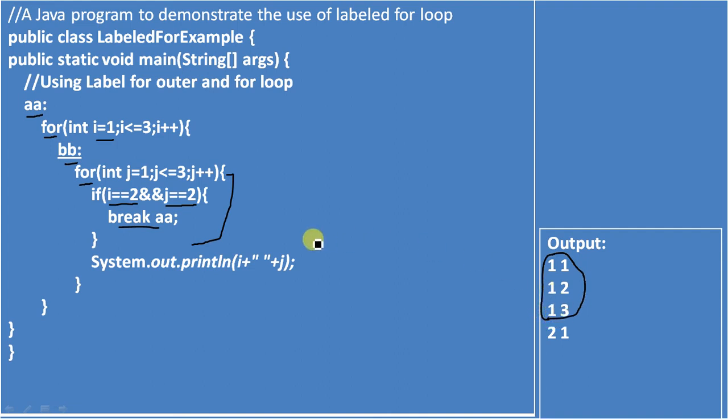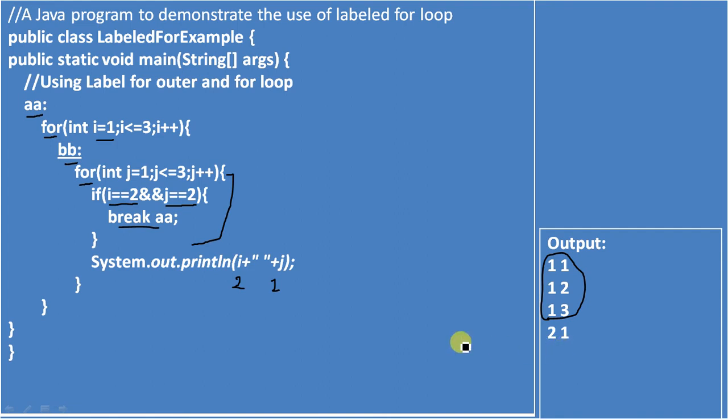But then i equals 2, so here it will check i equal to 2 is correct, but for the first iteration of the inner block, when the j value is 1, j equal to 2 is false, so it will print the value of i 2 and the value of j 1. So the output is 2 and 1.